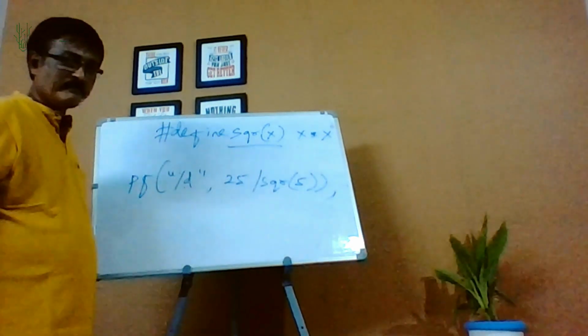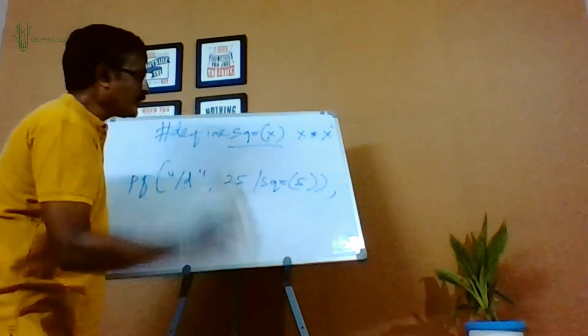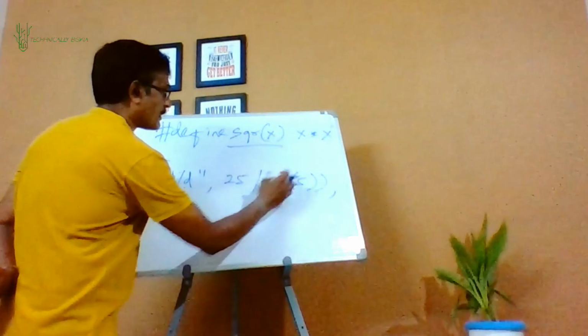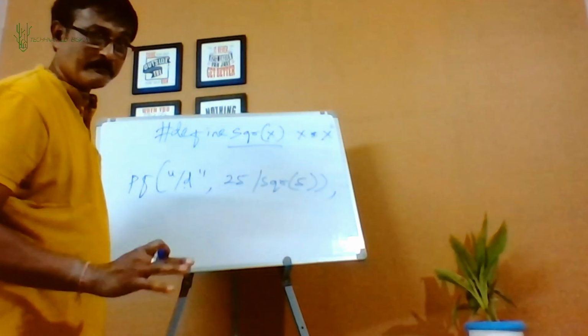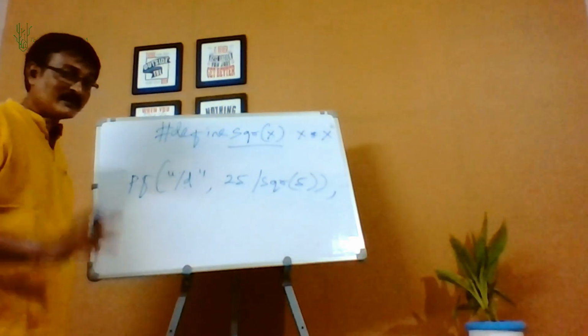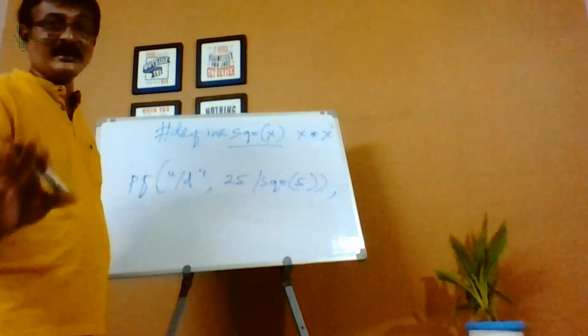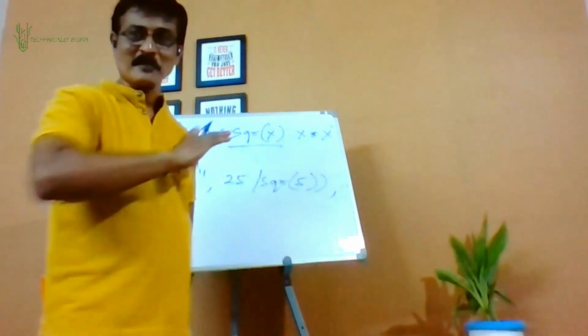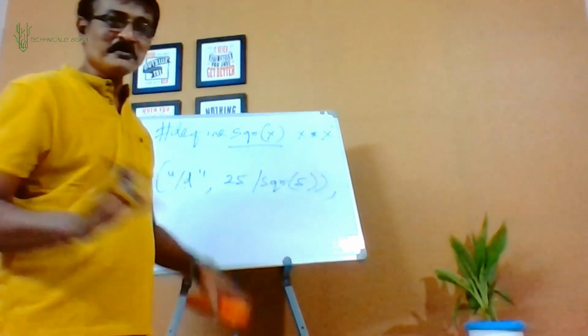What happens here? The quick response is square of 5, 5 into 5, 25. So now 25 divided by 25, the answer is 1. This is the answer I get 90% of the time. This is a mistake we normally make. Alright, nothing to worry about.